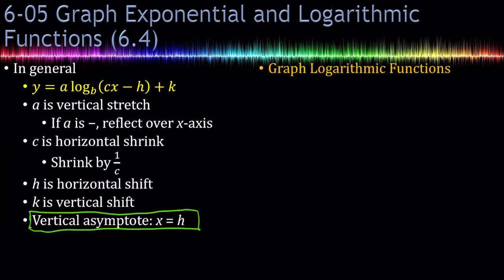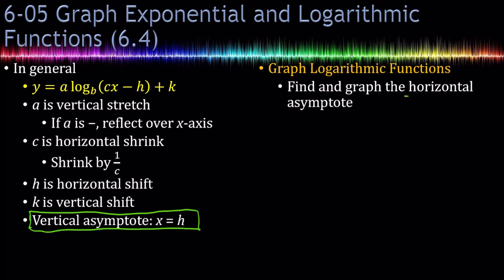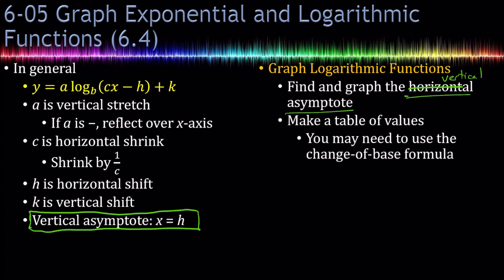When you go to graph logarithmic functions, you need to first of all find and graph the vertical asymptote. Then you'll make a table of values. You might have to use the change of base formula to get your table of values.